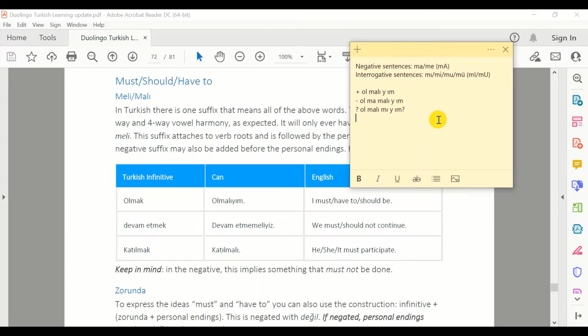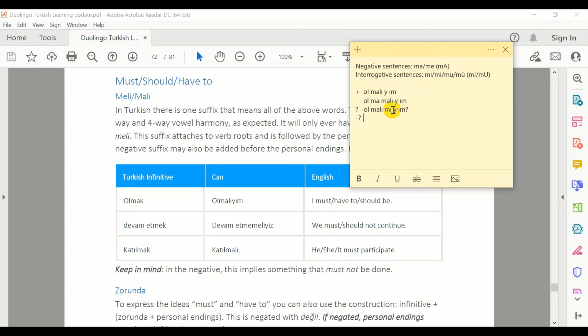And negative interrogative. Now you must be able to guess how you can use this negative interrogative. If you see the negative sentence here, then adding the question suffix is already easy, you see here.